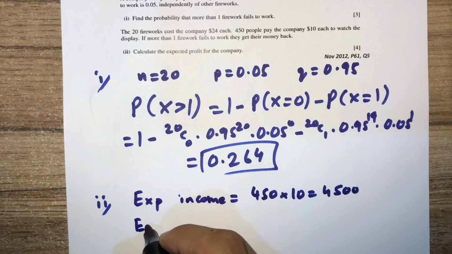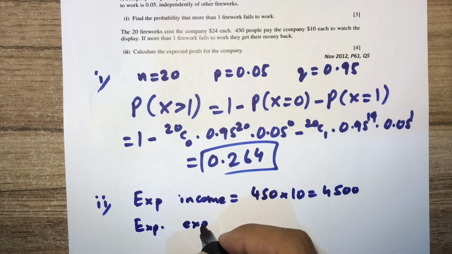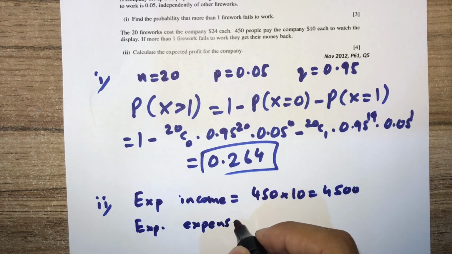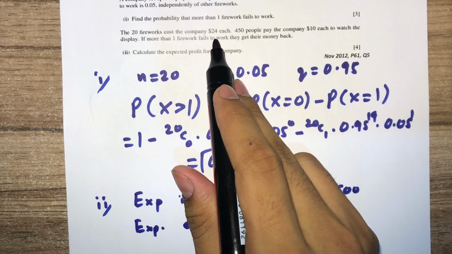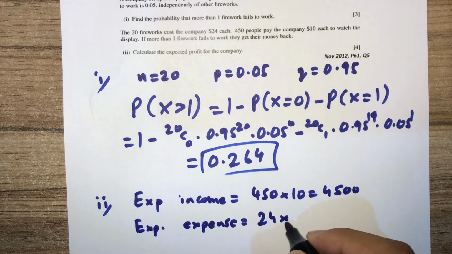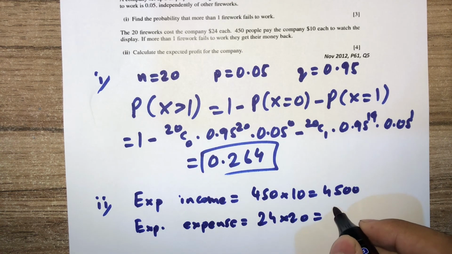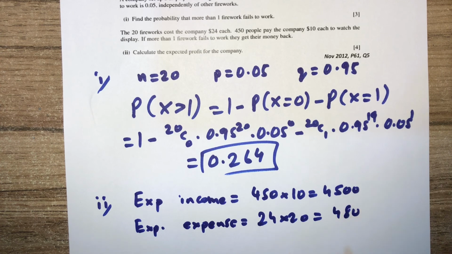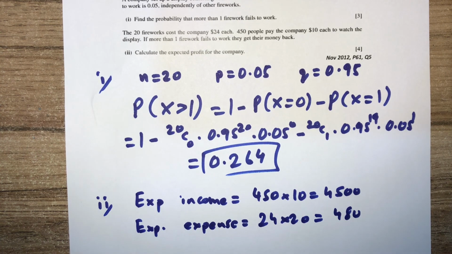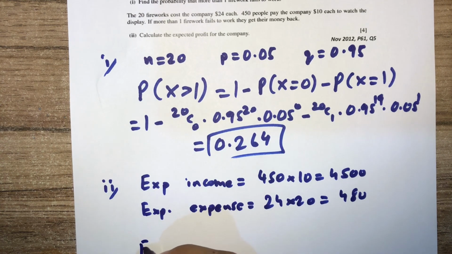And their expected expense will be 24 for each. So 24 times 20 fireworks, that is 480. Right? Now I'll find the expected refund.